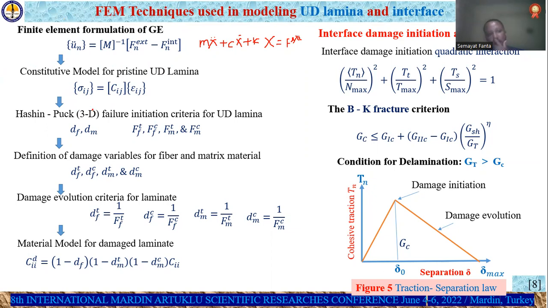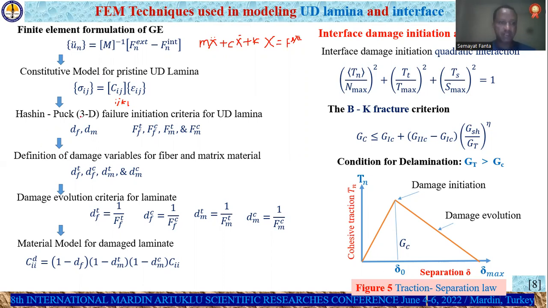We have stress sigma ij for i, j from 1 to 6 and Cij. Actually, Cijkl. It is not only Cij, but Cijkl. It is a tensor of fourth order, and this is with kl. Okay, this is kl, not ij. So with the help of this equation, we define the constitutive material relation, that is the stress-strain relation, with the help of stiffness.